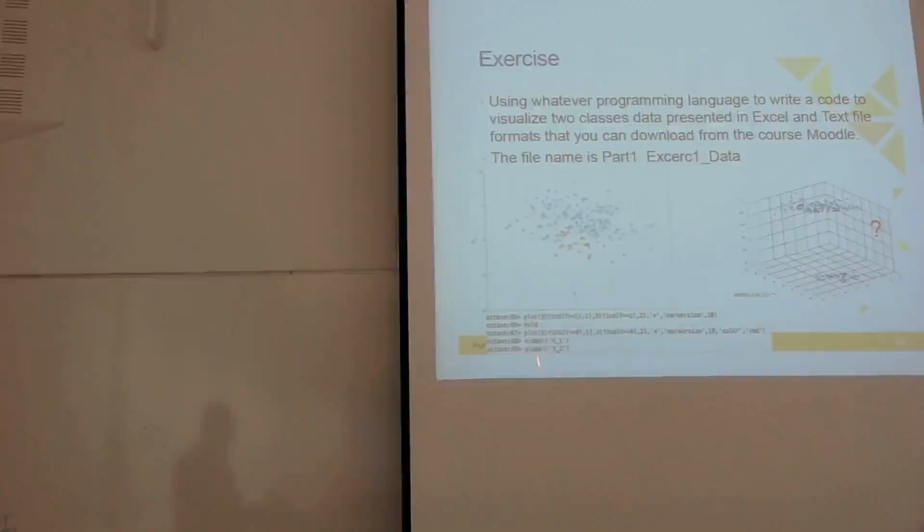For example, here I used Octave, where I can make two different colors, but use whatever you like to plot the available data. This is the first exercise. It is not needed to return the exercise to me, but try to do it, and if you have questions, we can discuss them in the next lecture.